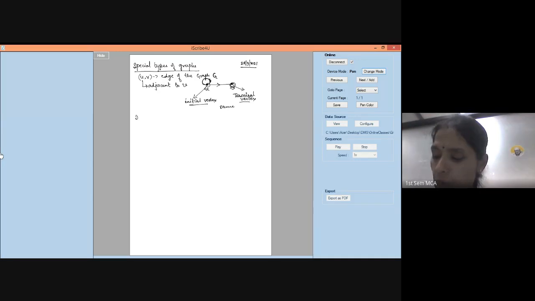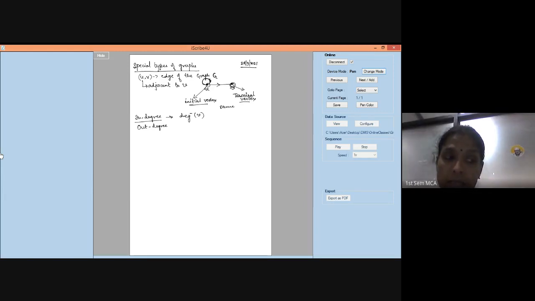Next, we have seen what is the degree of a vertex. Now let us see what we mean by in degree and out degree of a vertex v. In degree is denoted by degree with a minus sign, and v.